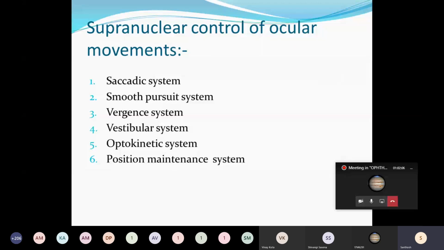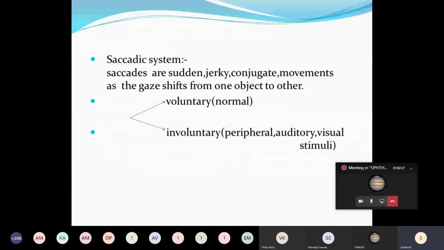These are the supranuclear controls of ocular movements which you have to remember. I don't think it is necessary at this stage, as an undergraduate, to write an essay on these movements. If you are asked what the various supranuclear controls of ocular movements are, mention all these 6 types and nothing more than that.